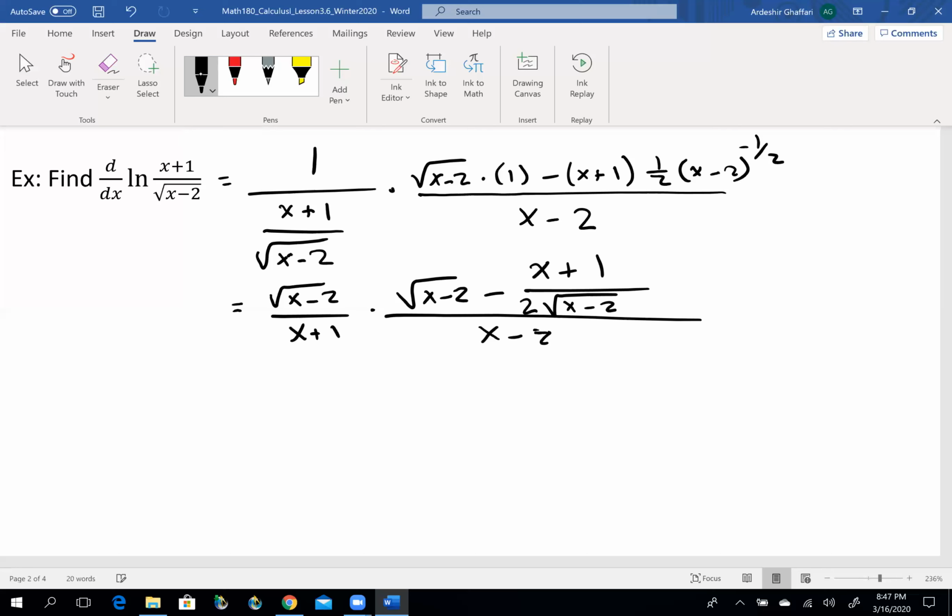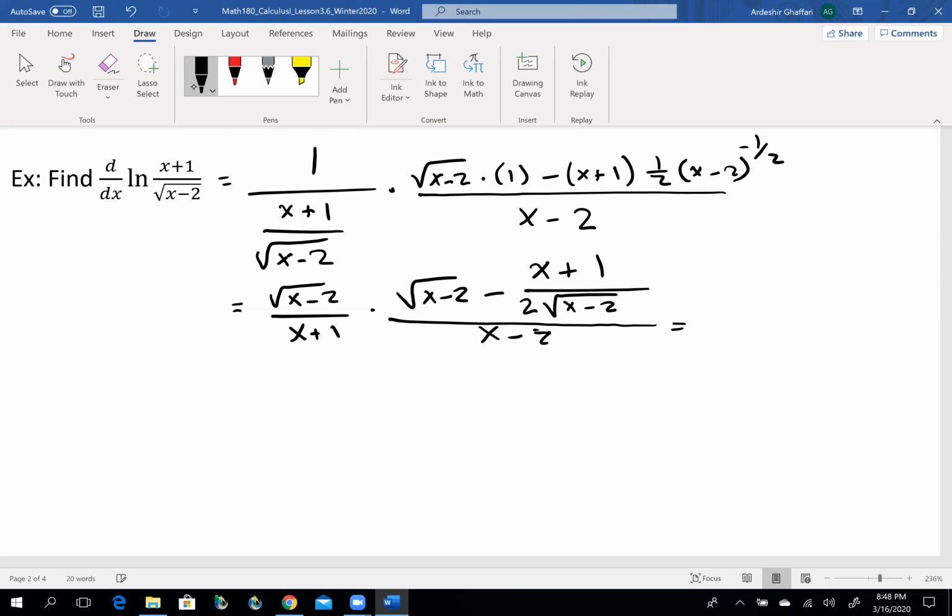So now let's see what happened. Okay, guys, now you see that now we have a square root of x minus 2 over x plus 1 times square root of x minus 2 minus x plus 1 over 2 times the square root of x minus 2 over x minus 2.